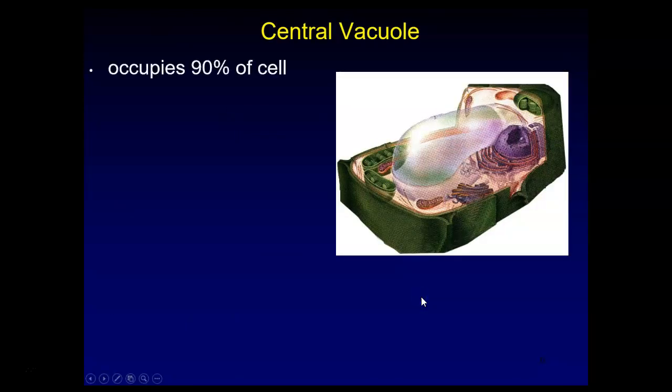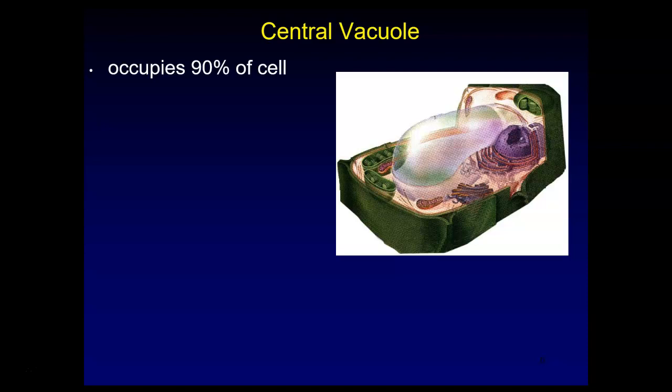The large central vacuole, this big huge bubble, we know it occupies approximately 90% of the cell. The function of it is to hold extra materials, and it can also hold waste.